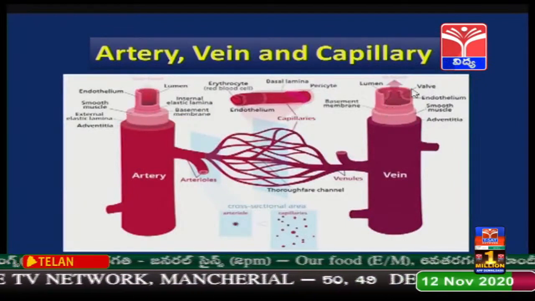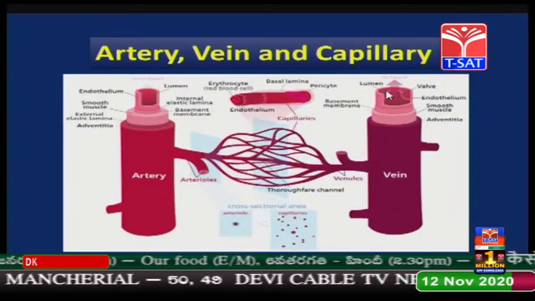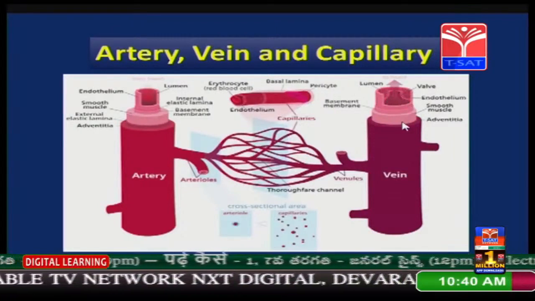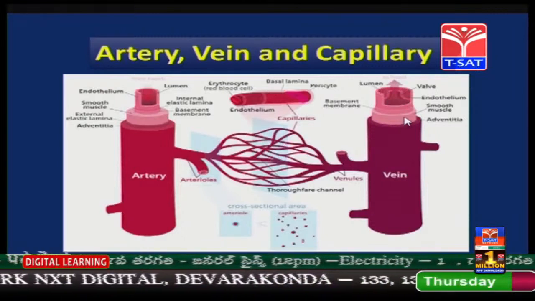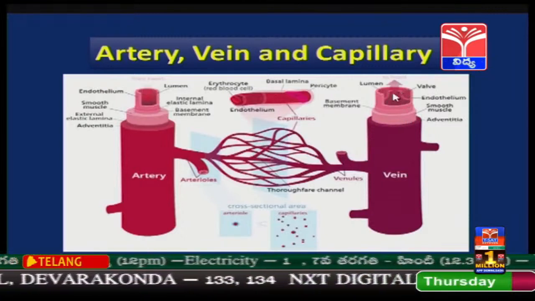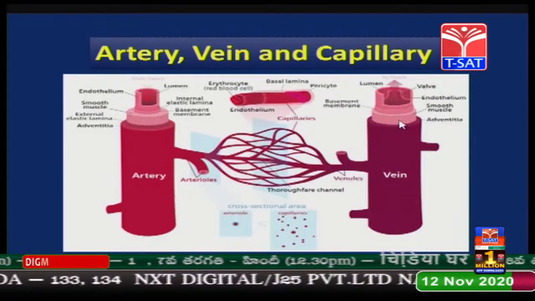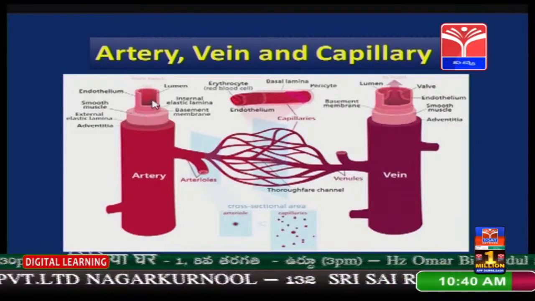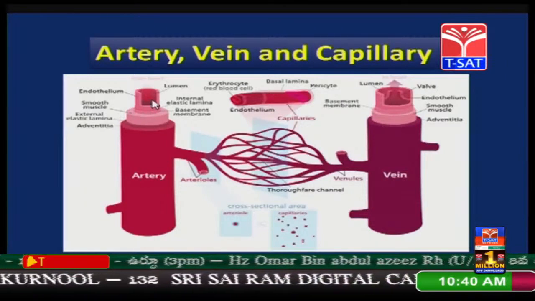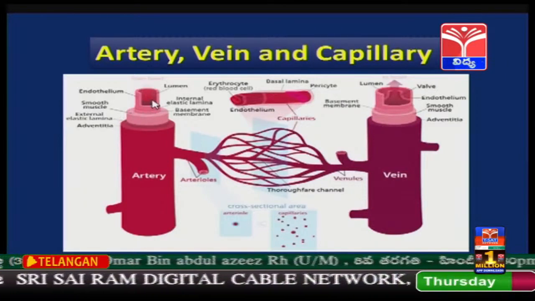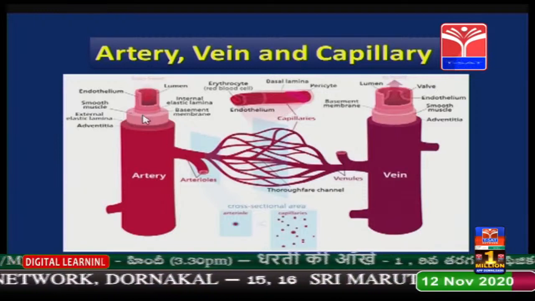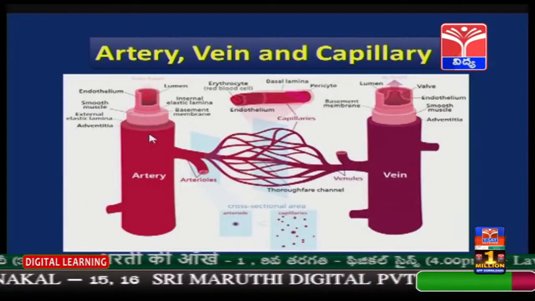The endothelium of the veins is double folded to form valves, because the valves act against the gravitational force to pump the blood to the heart. Valves are absent in the arteries, because the blood pumped by the heart is pushed into the arteries and supplied from the arteries towards the various body parts.